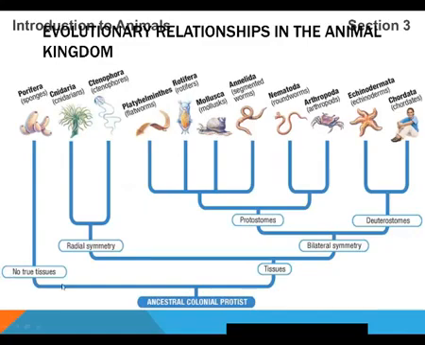The organisms with no true tissues, the porifera, the sponges. These organisms basically have one type of cell that makes up their entire body. The two groups that have radial symmetry. Radial symmetry is when we take that organism and cut it all the way straight down its body, we would have two halves that were exactly the same.